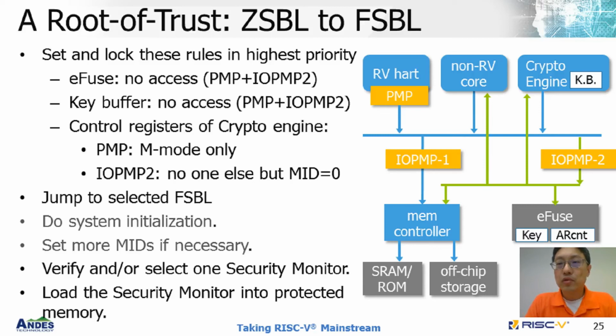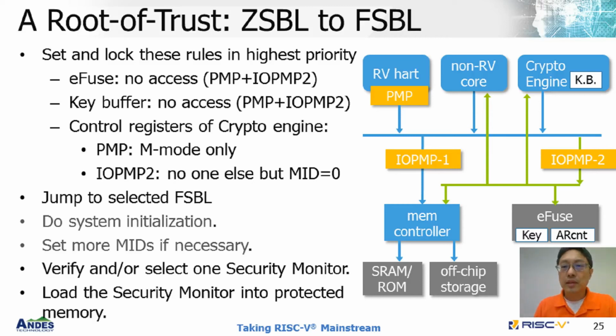Besides, the MMIO channel to the key buffer should also be blocked by using PMP and IOPMP2. And the crypto engine should be controlled only by designated issuers. In our example, we limited it to M-mode programs, which are the security boot and security monitor. Then we can jump to FSBL.